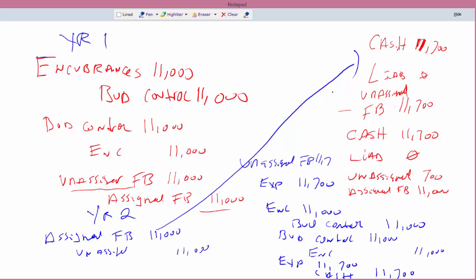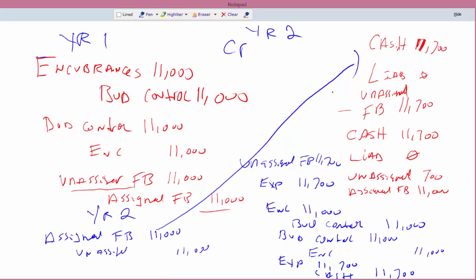For 11,700. This is a closing entry, guys. This is just like if I had retained earnings, right? I'd debit retained earnings, I'd credit the expense accounts to close them, right? And this is the only transaction that happened. There's no revenues. Right? So now I can make my balance sheet for year 2.